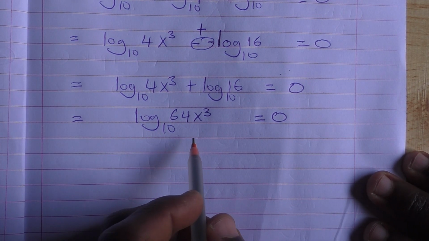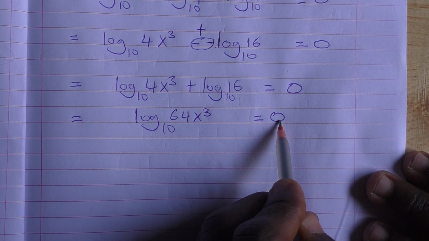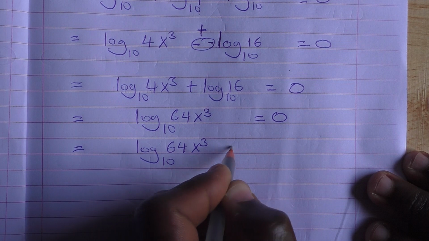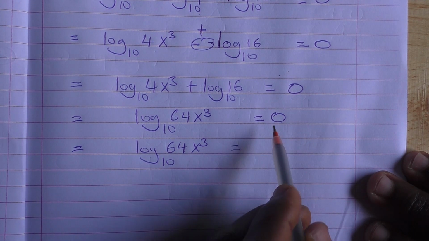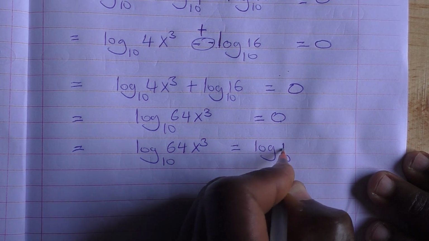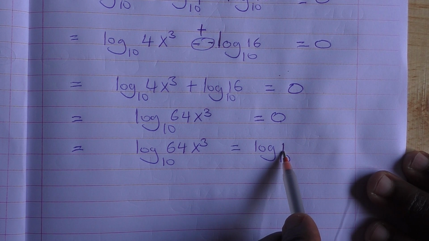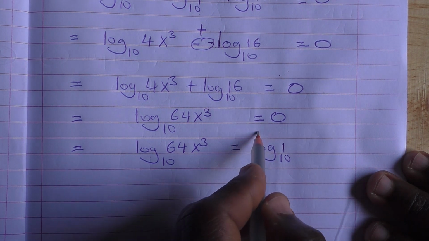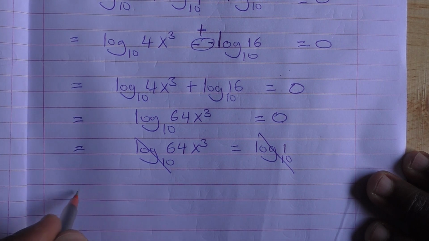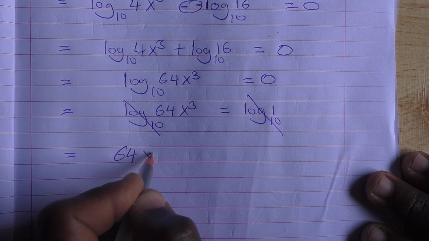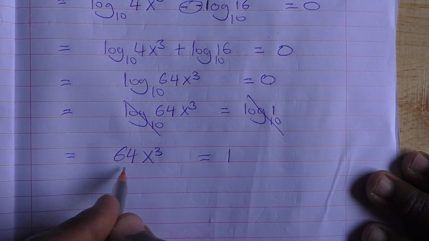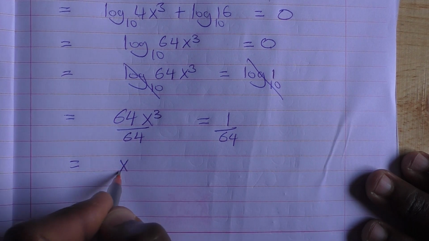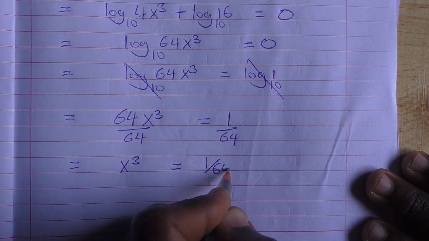Then since this is 0, it is the same as having log 10 64x cubed equaling, instead of writing 0, we can have log 10 of 1, because we saw that log of 1 irrespective of the base is always 0, so that we can cancel out the log and we come up with 64x cubed equaling 1, so that we get x cubed equals 1 over 64.